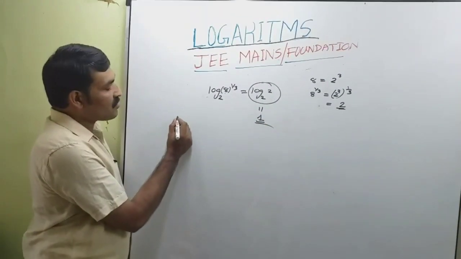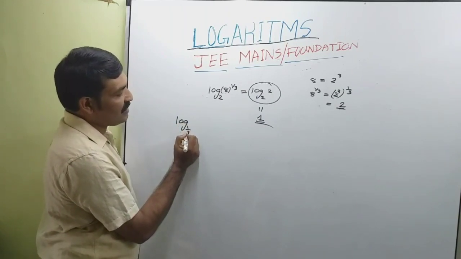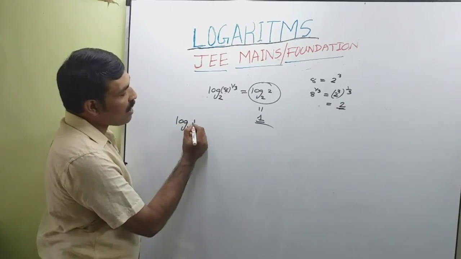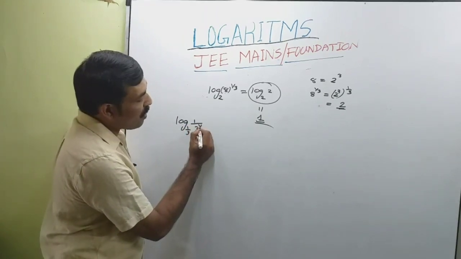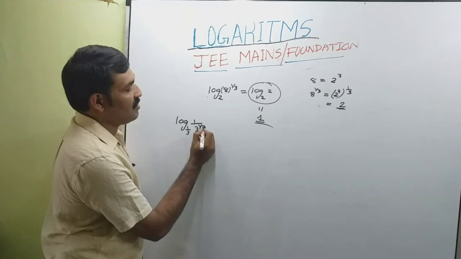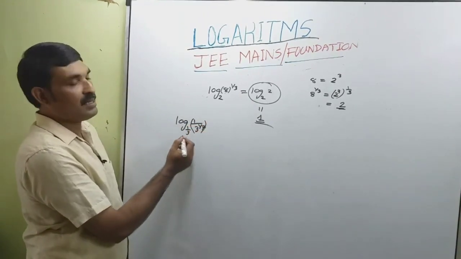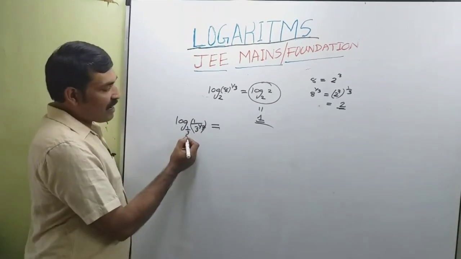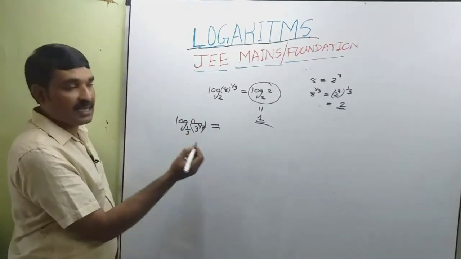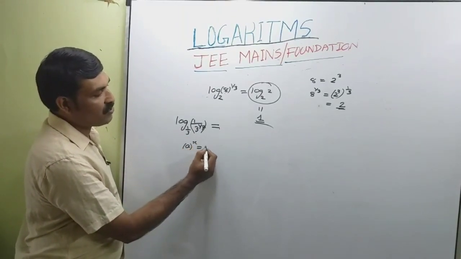Now consider the question: the log base is 1 by 3 and the number is 1 divided by 3 raised to 1 by 7. Suppose base a raised to x is equal to n.